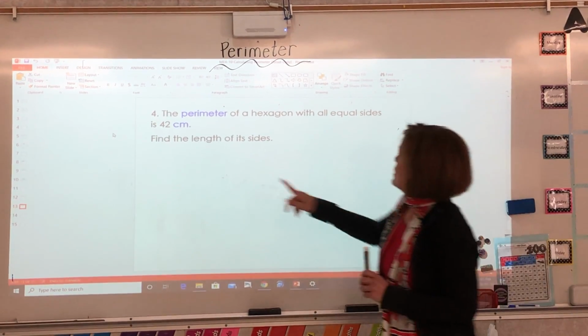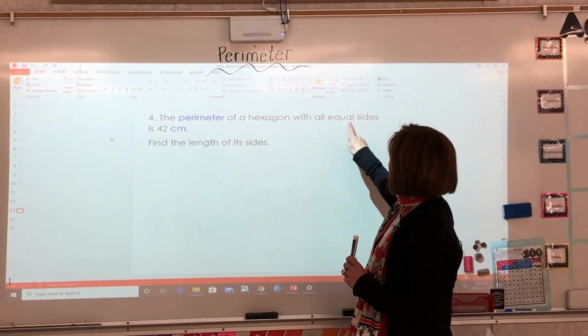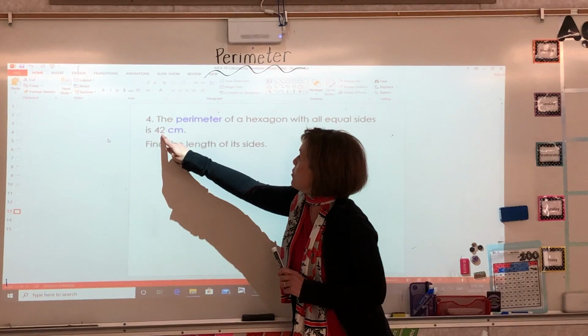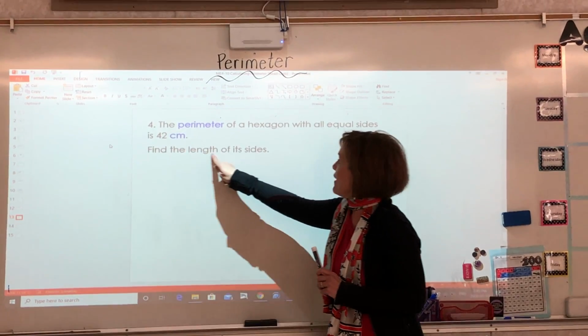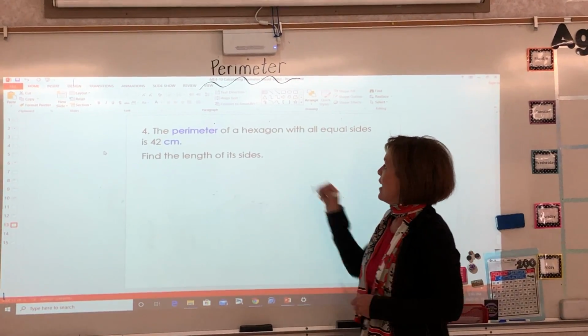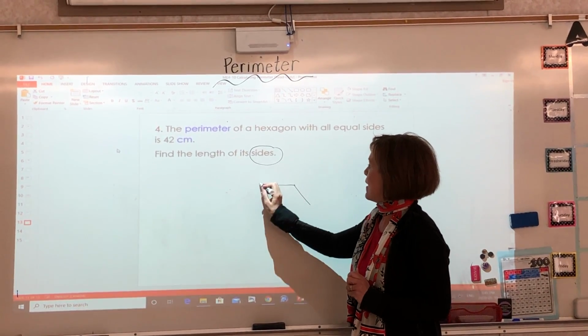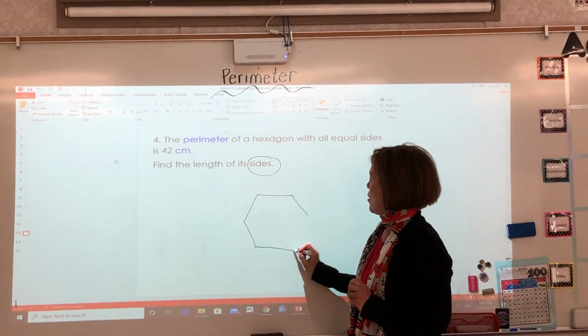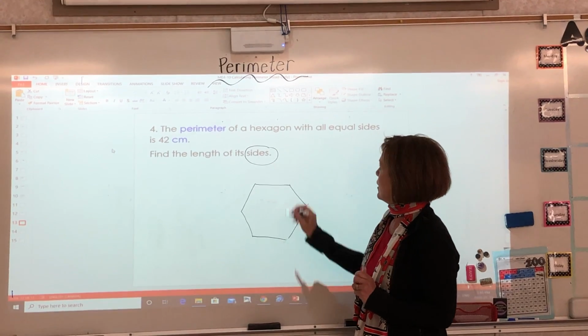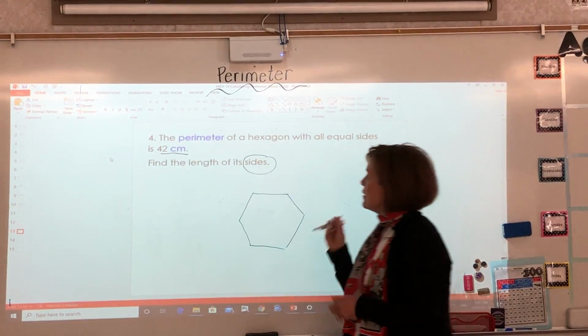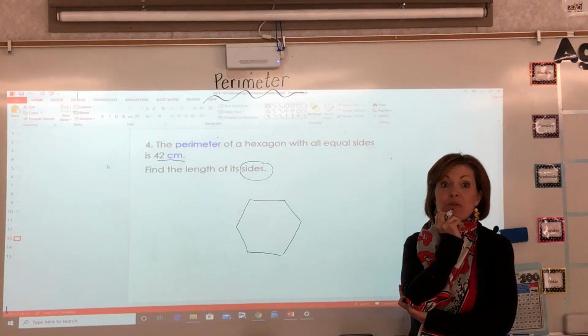Okay, now they'll ask this one. The perimeter of a hexagon with all equal sides is 42 centimeters. Find the length of its sides. Aha, this is a problem. A hexagon has 6 sides. All 6 sides together equal 42. I wonder what we do. This is almost an algebra question.